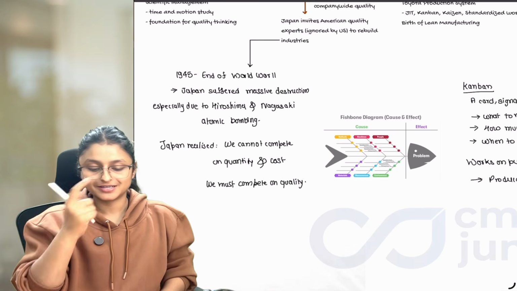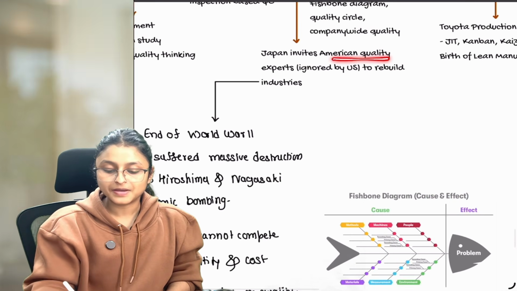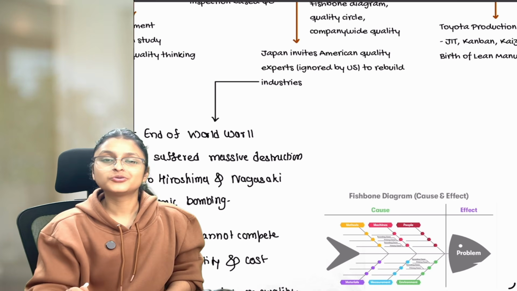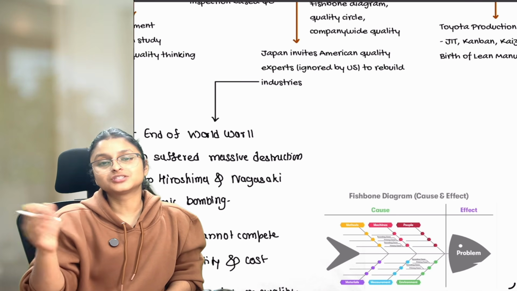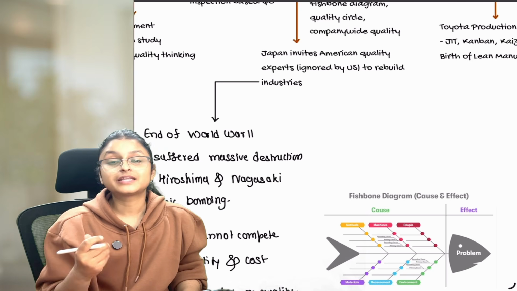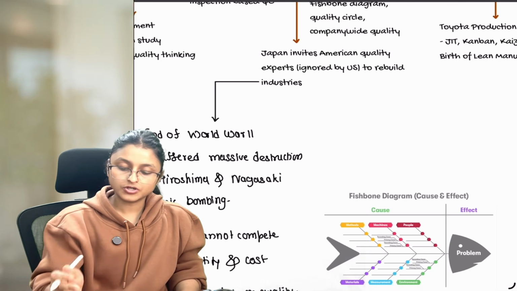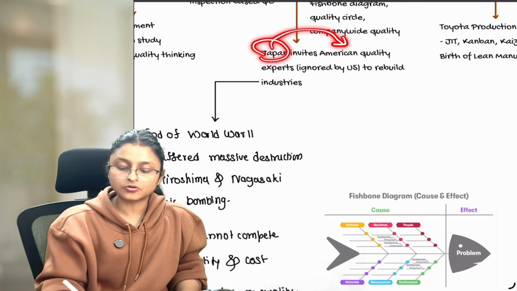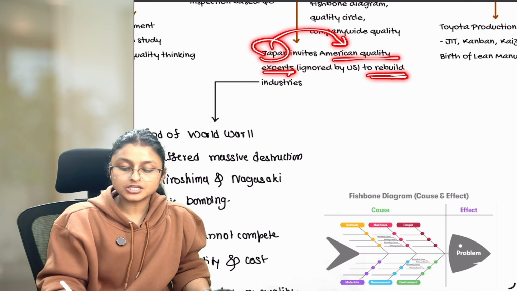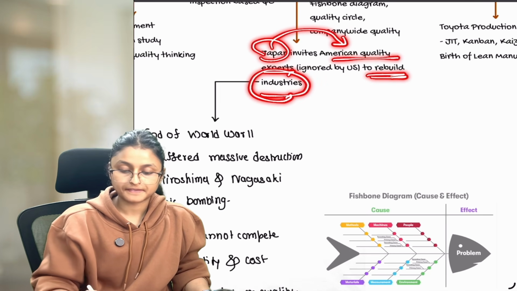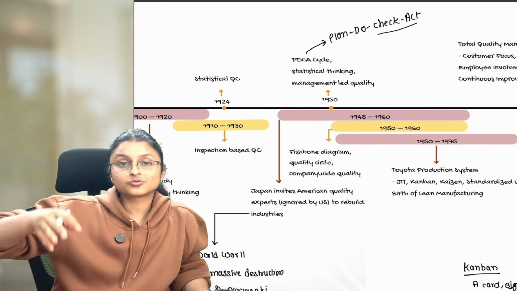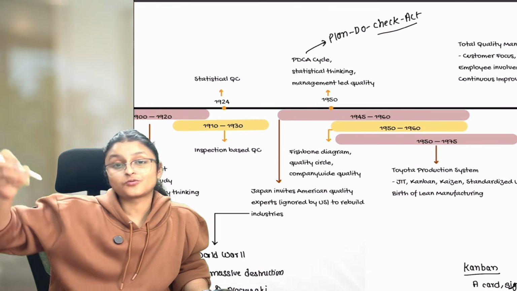Japan called American quality experts who were ignored by the US. The US was not giving importance to these experts or applying the techniques which they suggested. Japan called all of these American quality experts to their country to rebuild their industries. And that is why Japan was able to achieve those quality measures and is known as the quality king right now.